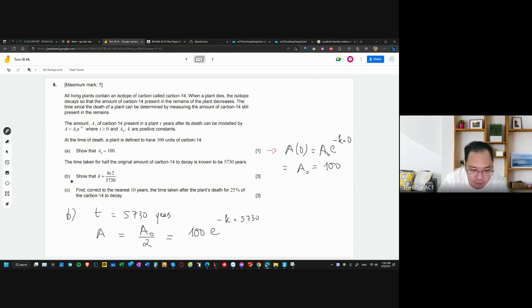Half of A is 50, and therefore e to the power of k times 5,730 is equal to 50 over 100, which is 1/2. Then take ln of the two sides of this equation. We go to the next page.